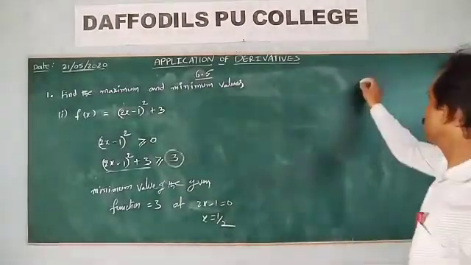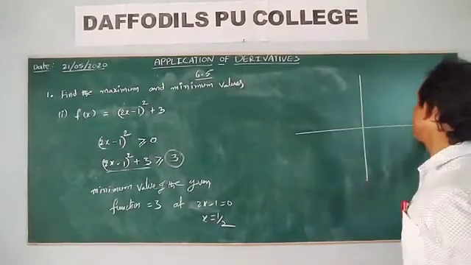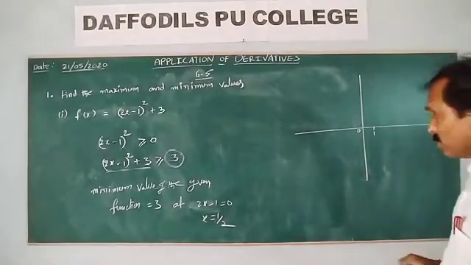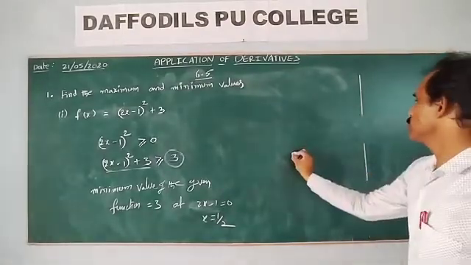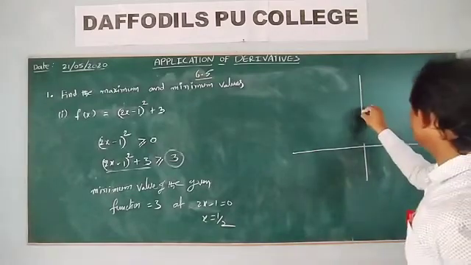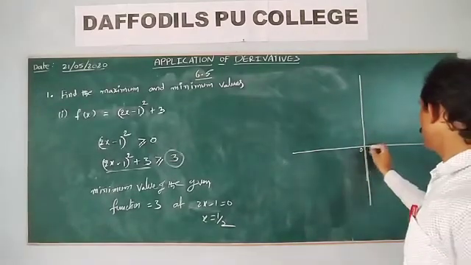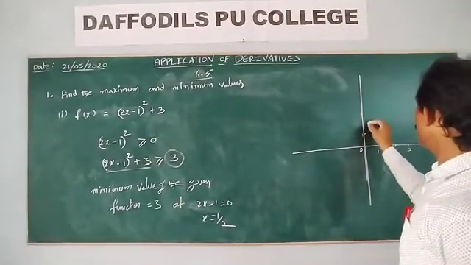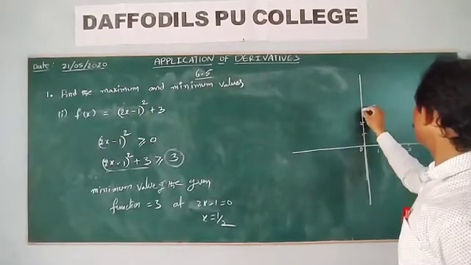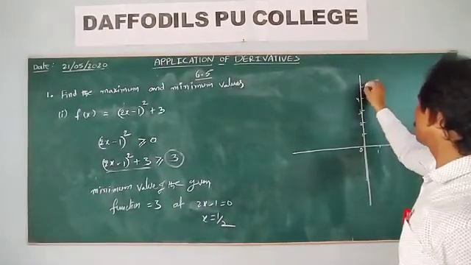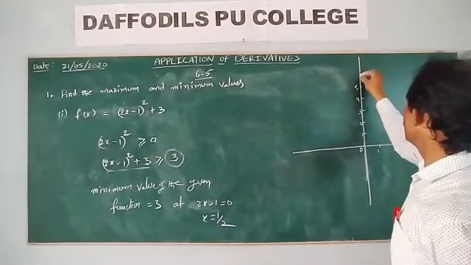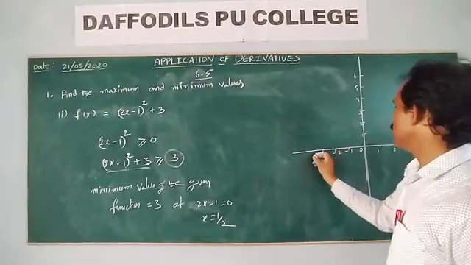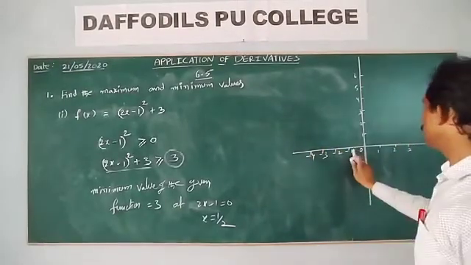Suppose we use a graph. Take the axes with 0, 1, 2, 3, and 1, 2, 3, 4, 5, 6 like this, and on this side minus 1, minus 2, minus 3, minus 4.